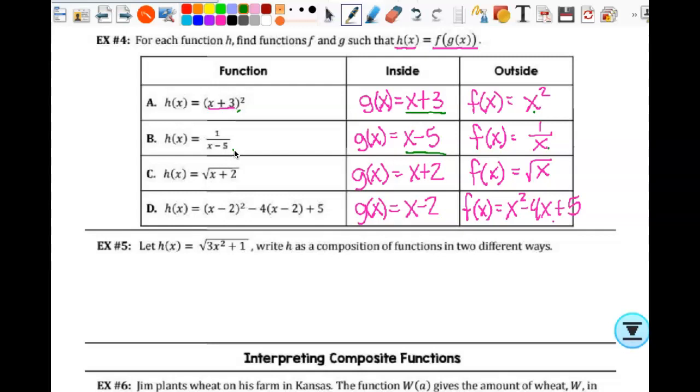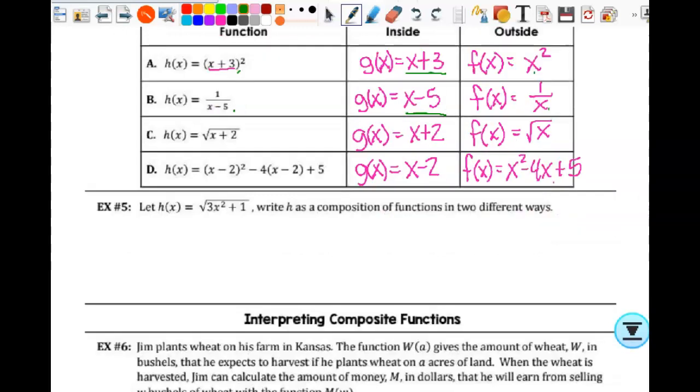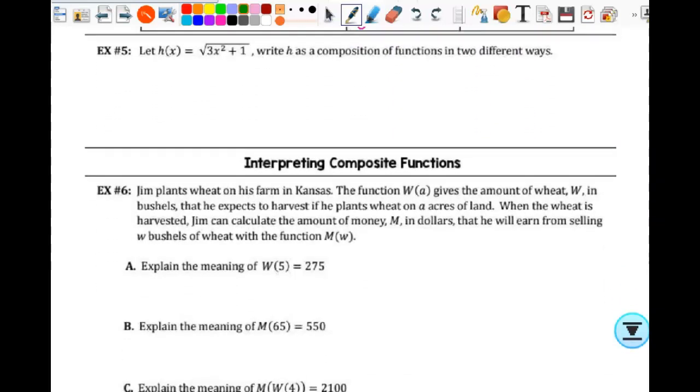We good? Okay. So now we're going to look at example 5, and we're going to do this one 3 different ways. So let's start by writing h of x equals f of g of x. Let's write that down 3 times. I know it says 2 different ways, but we're going to do 3 because we're special.